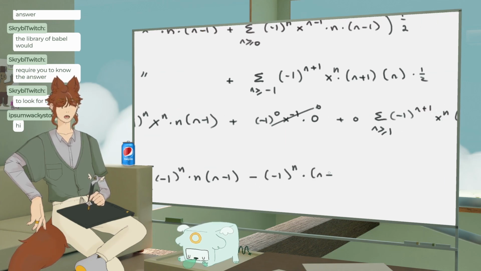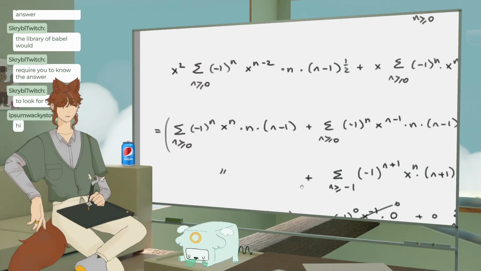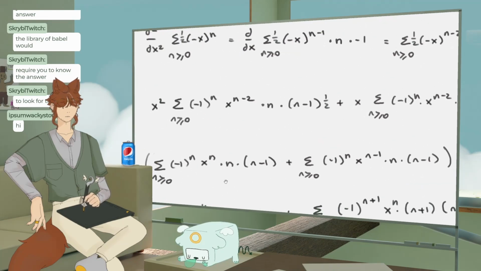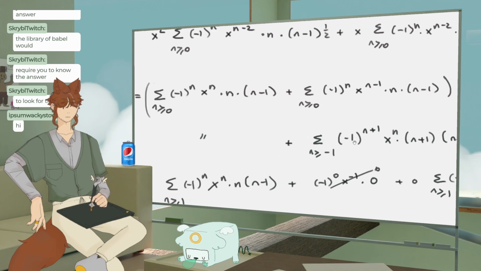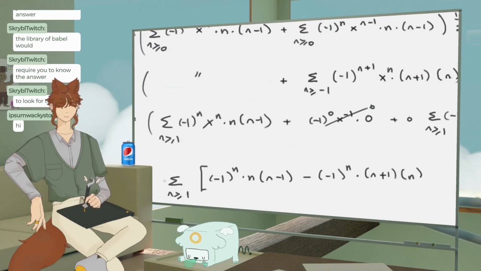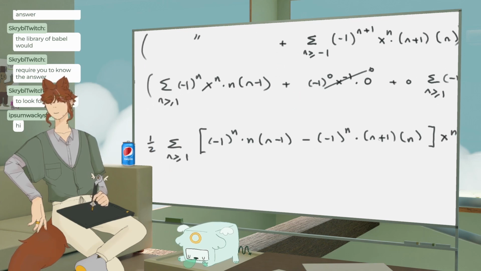Times n plus 1 times n times 1/2. Actually, both of them have the 1/2. Oh, yeah, I did the whole thing, the 1/2 out there. I mean, I guess that's technically it.